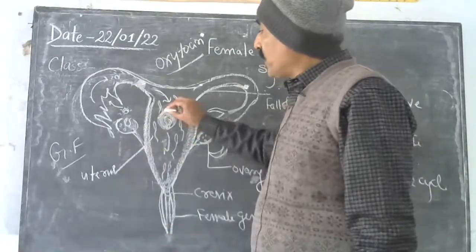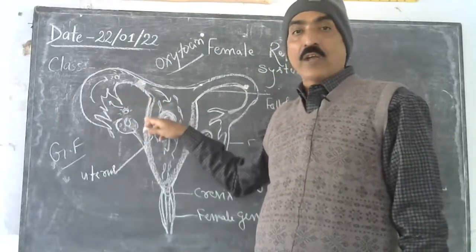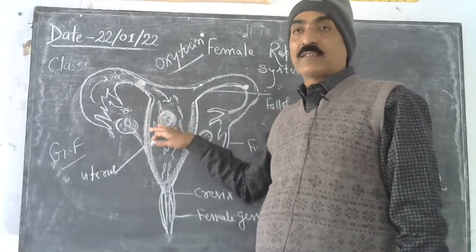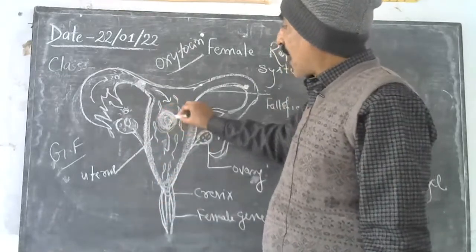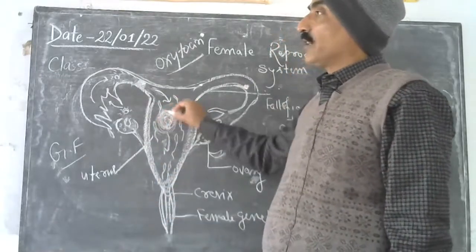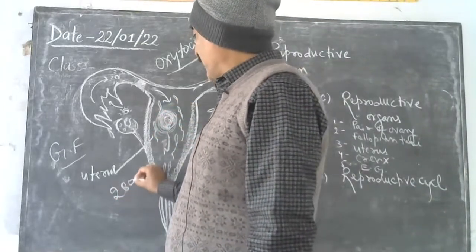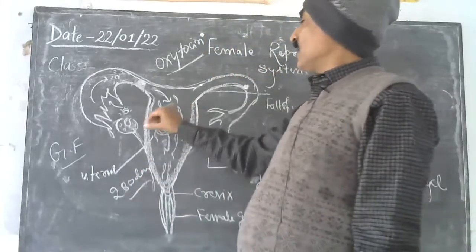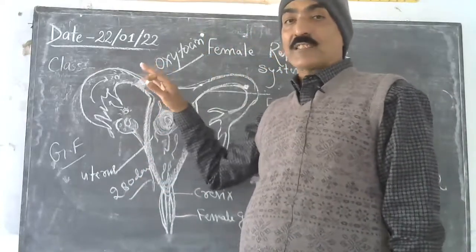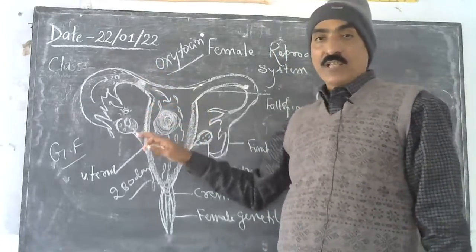Now, if fertilization does occur, then the secretory phase appears, and they start developing the embryo day by day, and after 280 days the maturation happens, the oxytocin hormone will be released, and that oxytocin hormone will help in the birth of the young one.